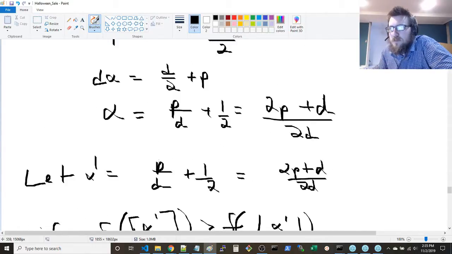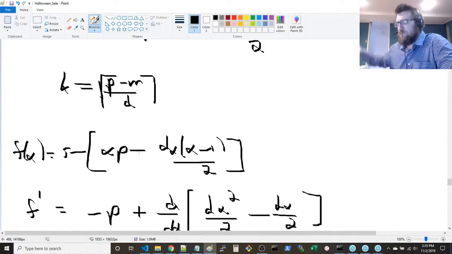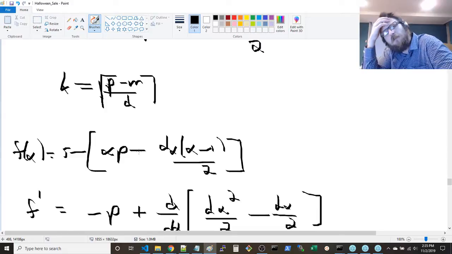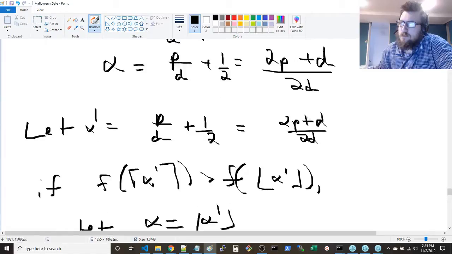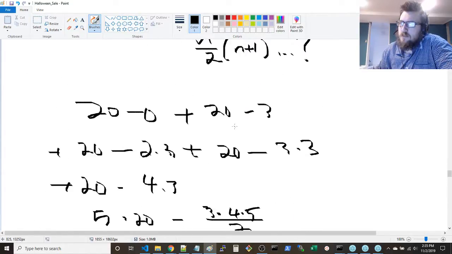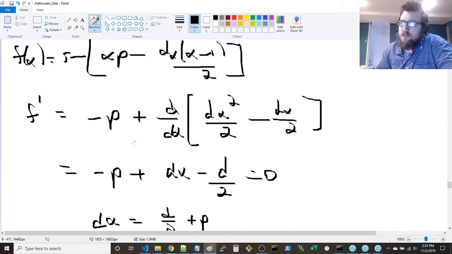I think this is wrong, this idea. It's P over D plus a half. I think this is incorrect. I think this just gives you K again. Something like that. Super confused.